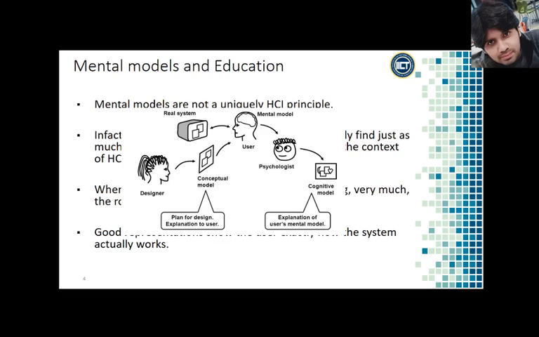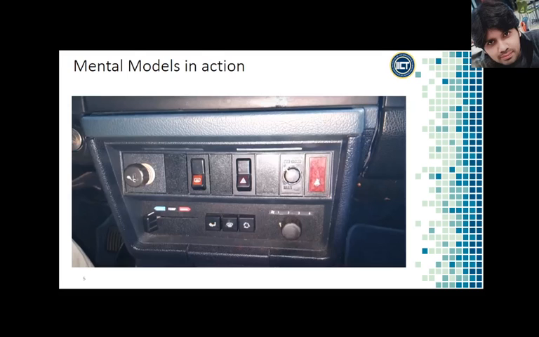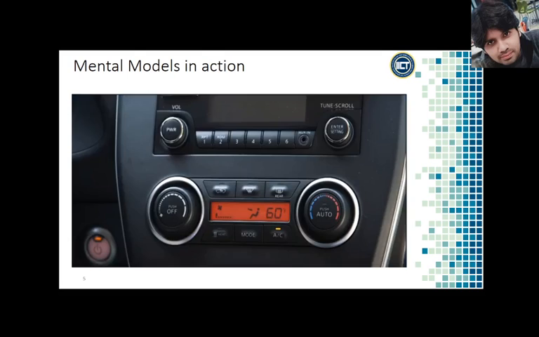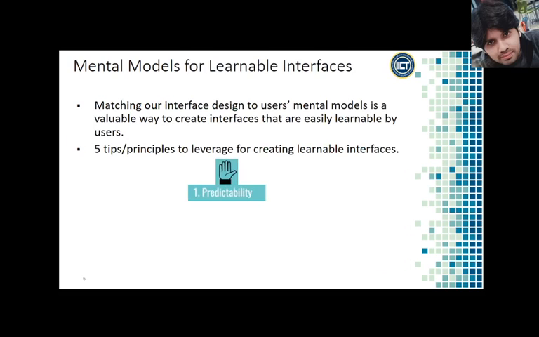The designer can make the representations good enough so that the user easily understands the working of the real system, and the mental model will be naturally learnable to the user. So designing representations can help a lot to improve the mental models, and to make the mental models more learnable, as we discussed here.